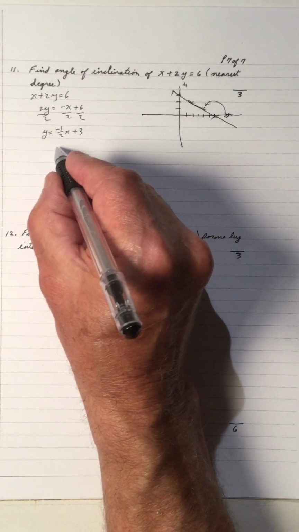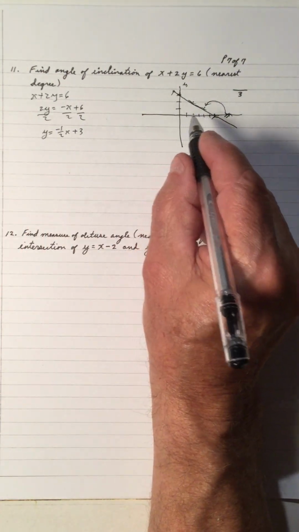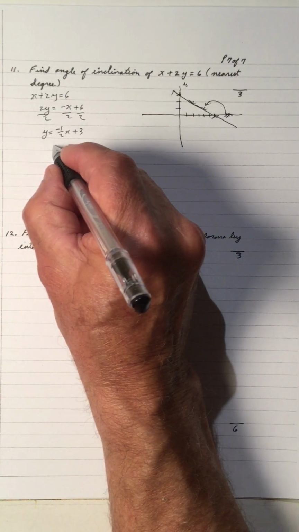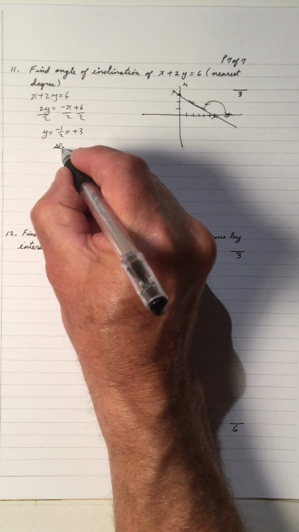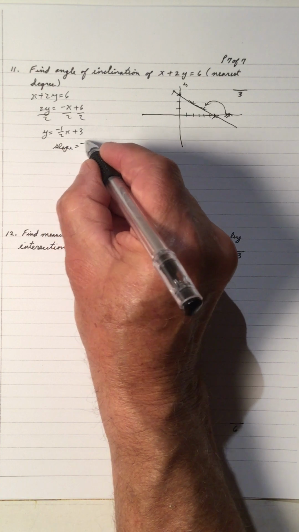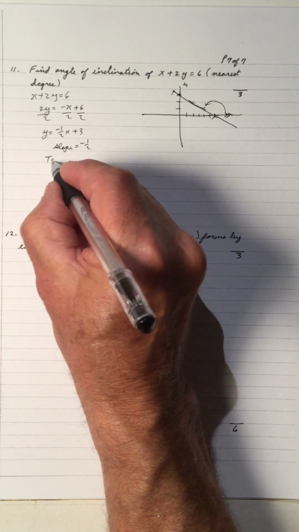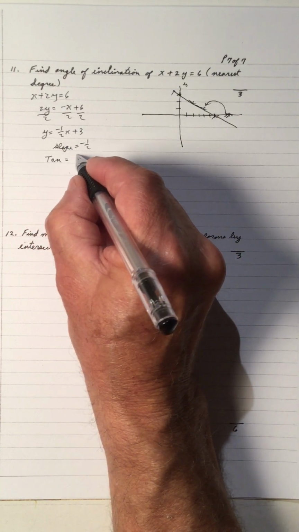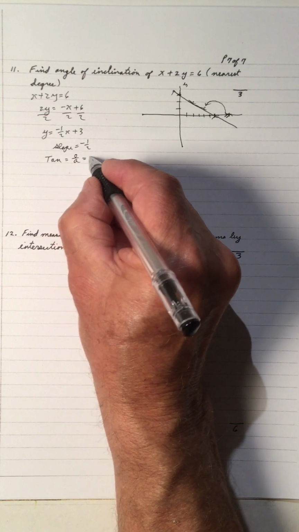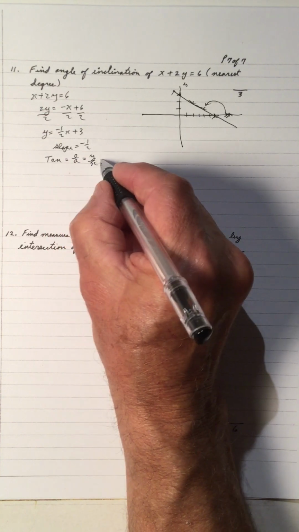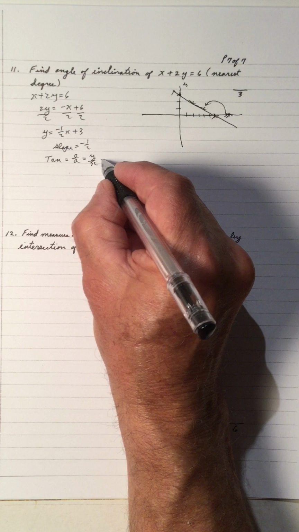So let's use the calculator. The angle of inclination comes from the slope, and the slope of the line is negative 1/2. Tan is opposite over adjacent, which is the y over the x, which is the slope.